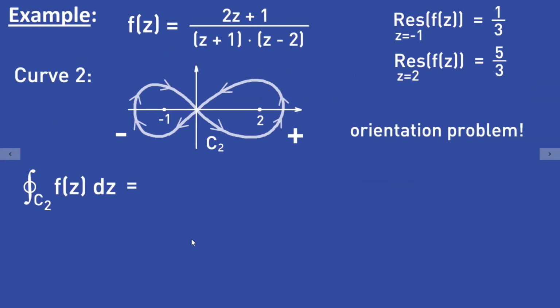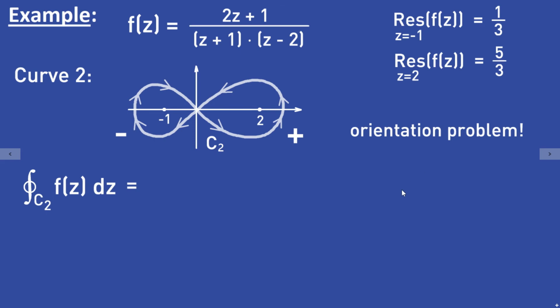The curve is positively oriented on the right side, but negatively oriented on the left side. Because of this orientation problem, we can't use the residue theorem directly. But we can solve that problem.